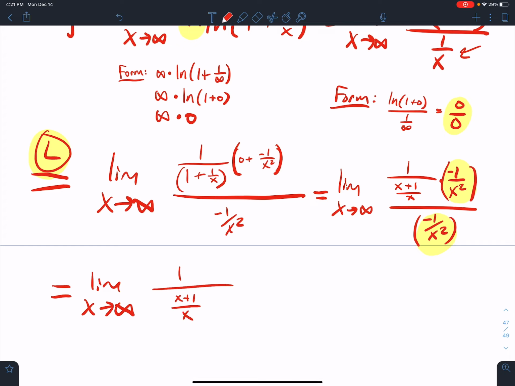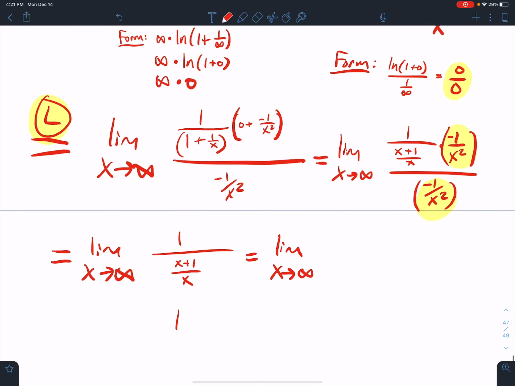Okay. So let's take the limit. Actually, why not simplify it a little bit more? Keep, change, flip. Keep the numerator same, change division to multiply, flip the denominator. So I just get x over x plus 1. And the limit here is 1. Okay. The degree in the numerator and the denominator are both 1, so I look at the coefficients, and since there's no number there, it's understood that they're both 1, so 1 divided by 1 gets you 1. Okay?